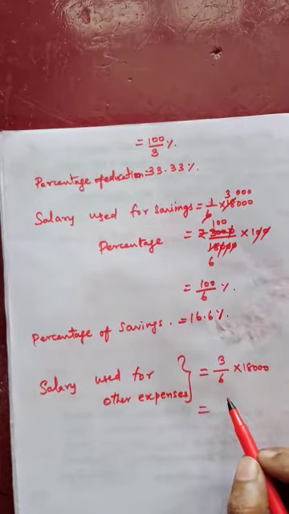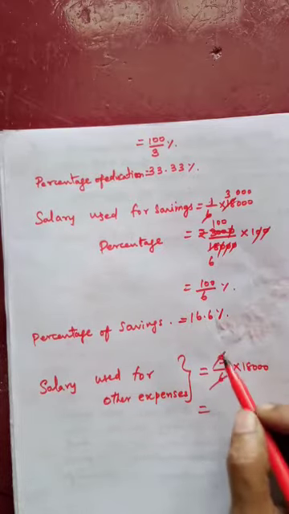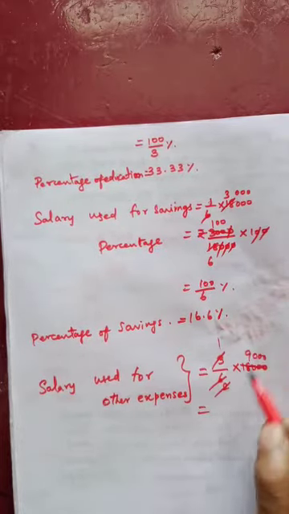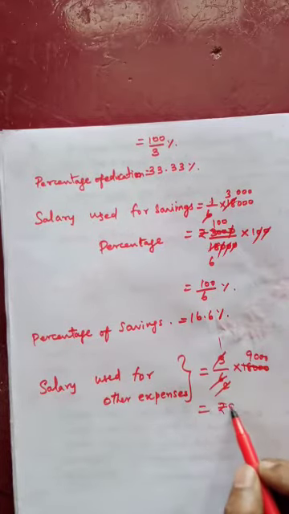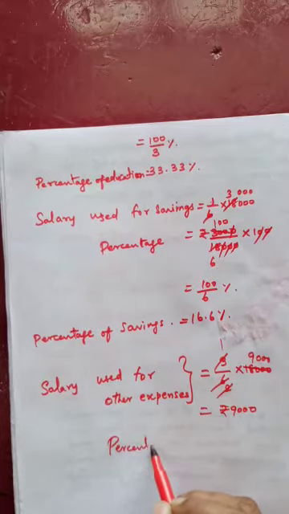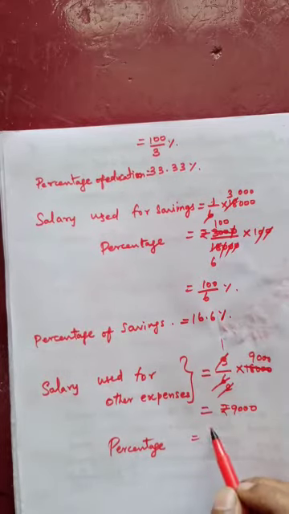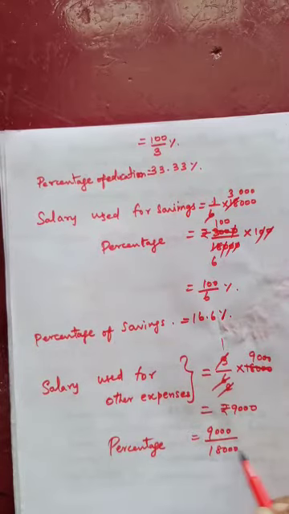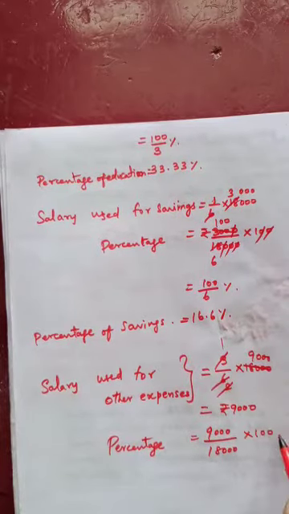That is equal to 3 ones are 3, 3 sixes are 18, rupees 9,000. Then percentage is equal to 9,000 by 18,000 into 100.